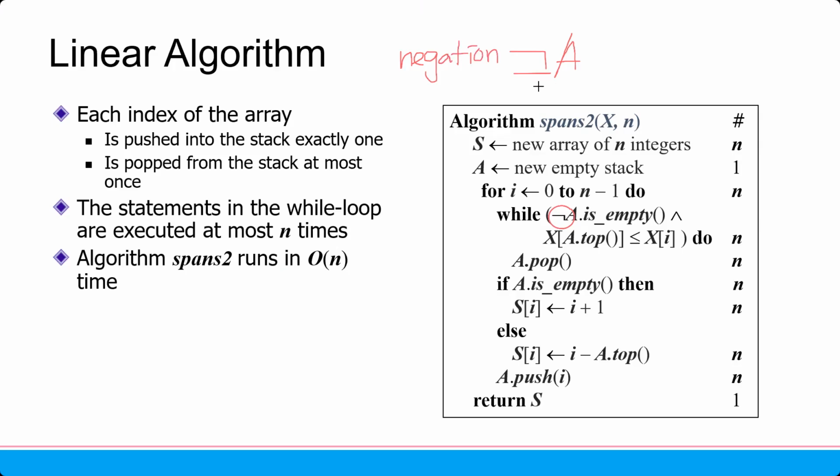So if A is empty, it means, because we have the negation symbol here, this is if A is not empty. This is in the pseudocode. So we can say: while A is not empty, that's the meaning.